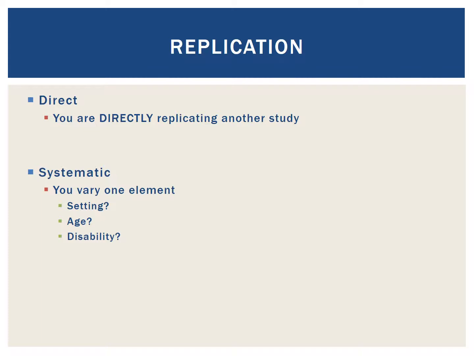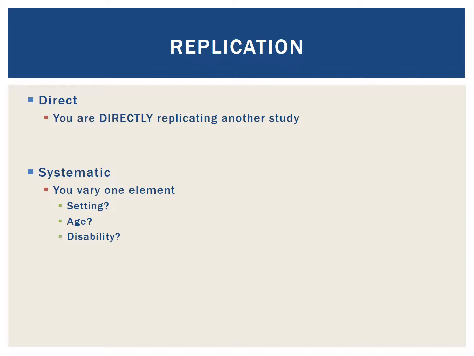Or the research was done in an alternative therapeutic day school. How would it apply to a public school setting? Or this study was done with middle school students or adolescents on the autism spectrum. What about with elementary kids with emotional and behavioral disorders?